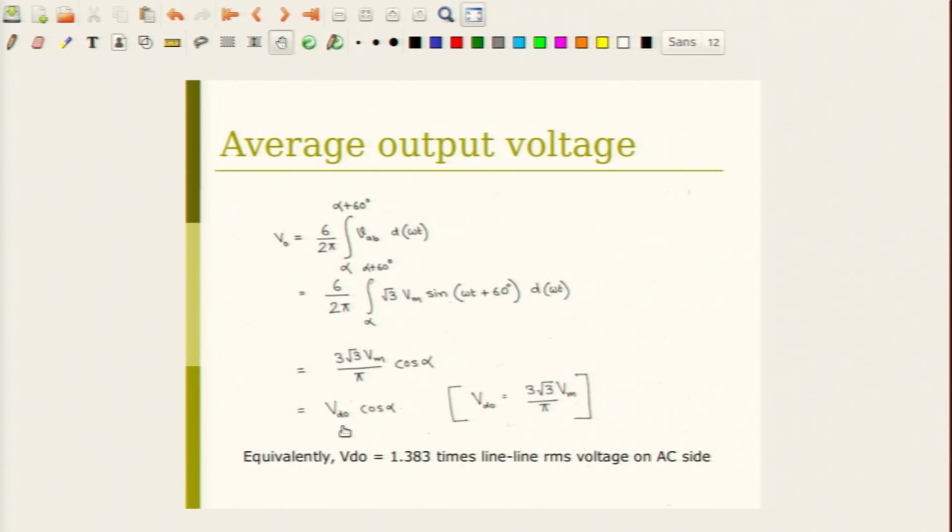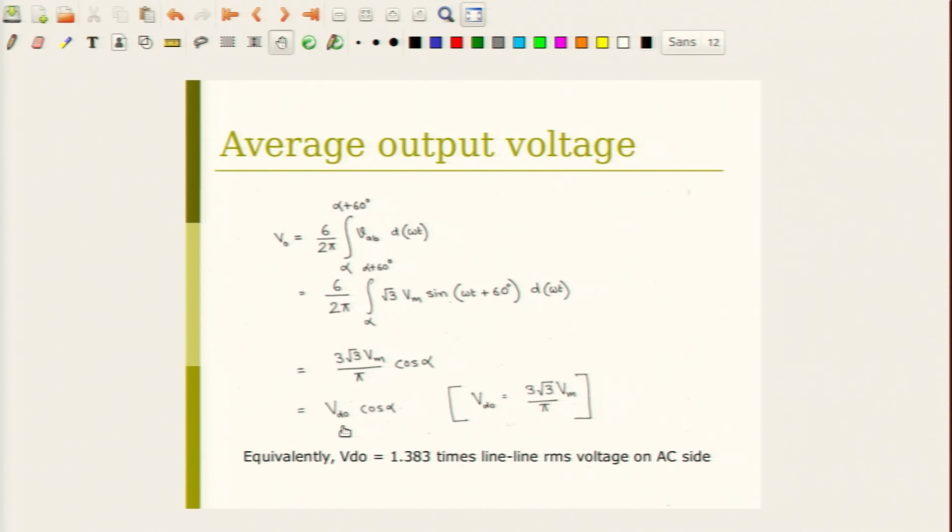Now, one important point which you should not forget in all this analysis is that we are assuming here that the current on the DC side is constant, and in one particular direction. So, this aspect has to be revisited again when you come to larger angles.